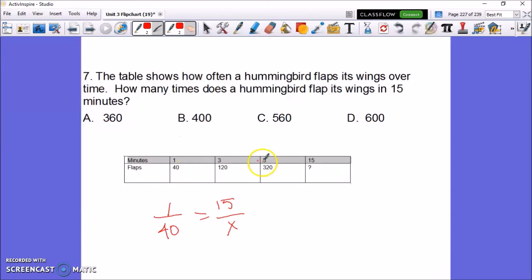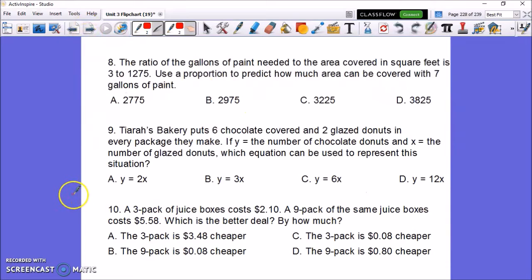You can also see the pattern and continue to go up, and some people would just take that 40 and multiply by 15. And that's essentially what you'll have to do. Because X times 1 is just X. And then 40 times 15 is 600. So your answer would be D. All right, number 8.